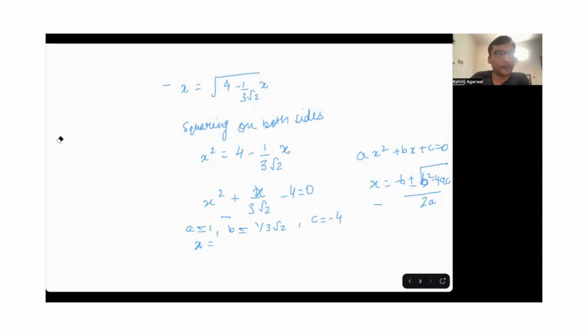So x is minus 1 upon 3 root 2 plus minus under root of 1 upon 3 root 2 square minus 4 into a into c, upon 2a.